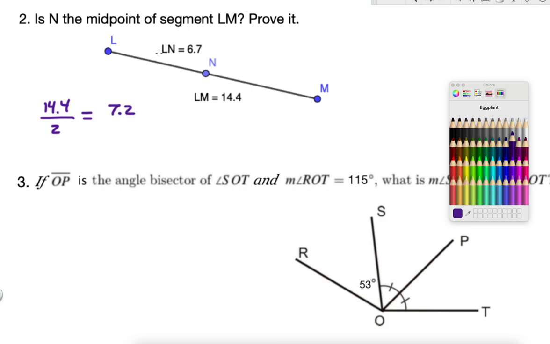Well, 7.2 is the value that this segment would have to be and this one, and clearly LN is 6.7, so 6.7 is not equal to 7.2. Therefore, okay, that's our therefore symbol, N is not the midpoint.